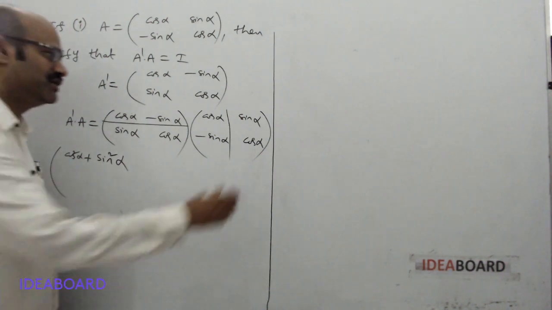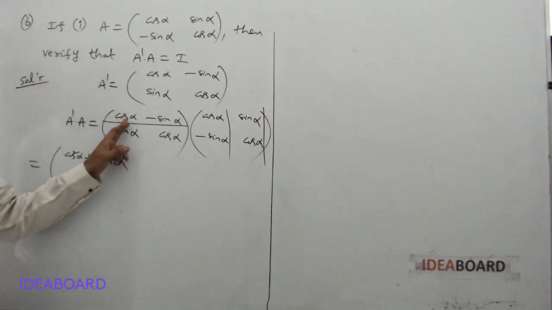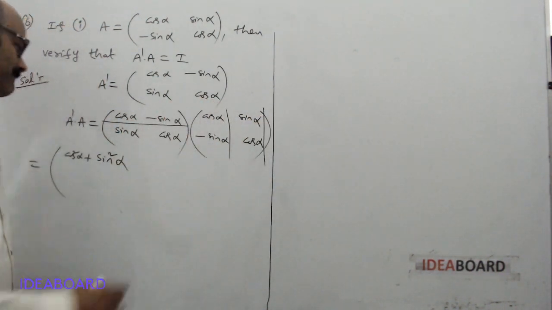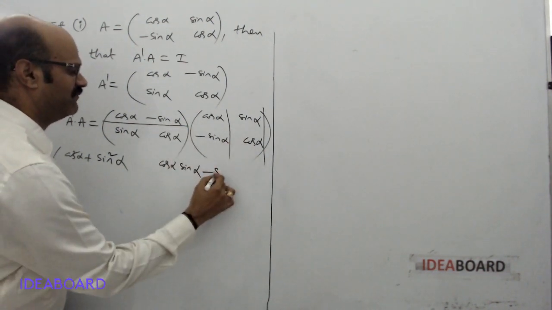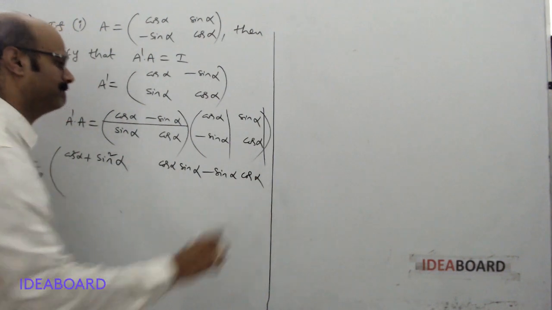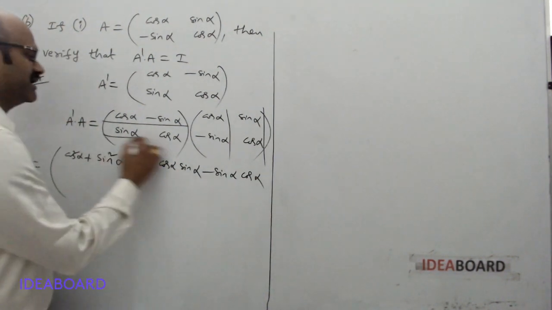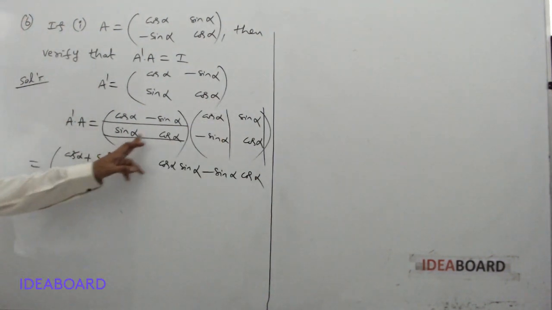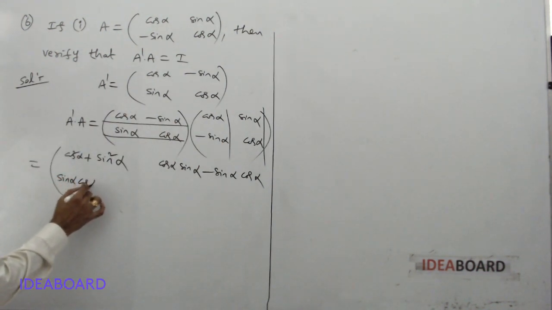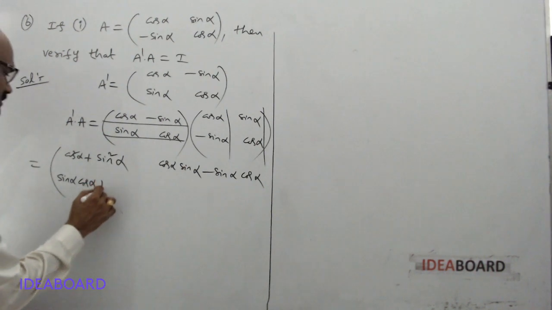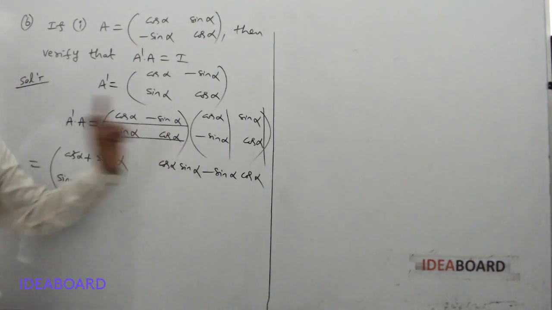Next, first row into second column, cos alpha into sin alpha, minus sin alpha into cos alpha. Second row into first column, sin alpha into cos alpha, plus cos alpha into minus sin alpha.